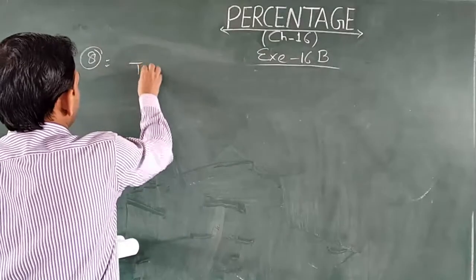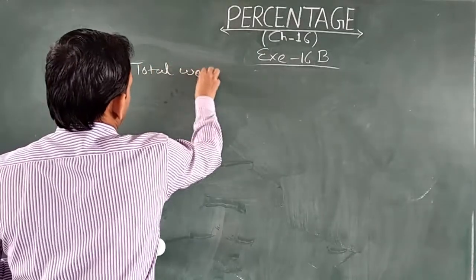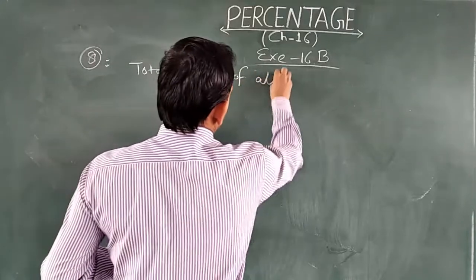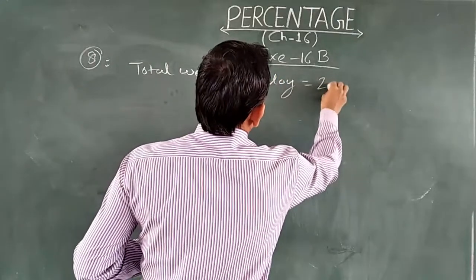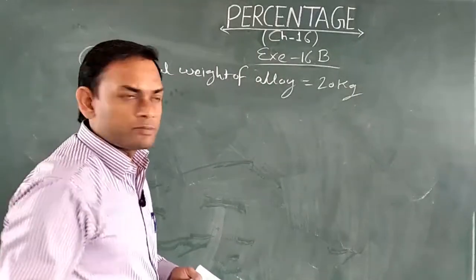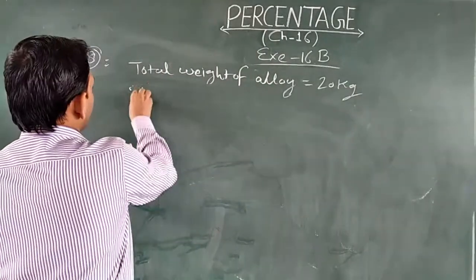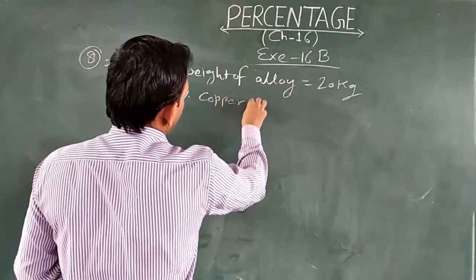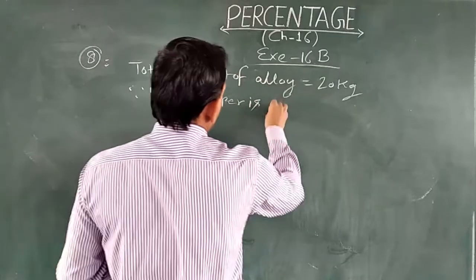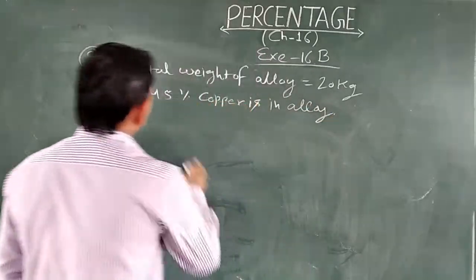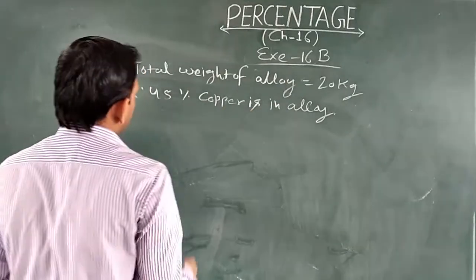Okay, the total weight of the alloy is 20 kg, in which the copper and the zinc are mixed. Because 45% copper is in this alloy. Okay, the copper is given as 45% in this alloy.